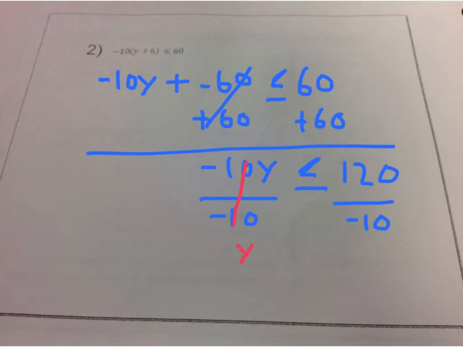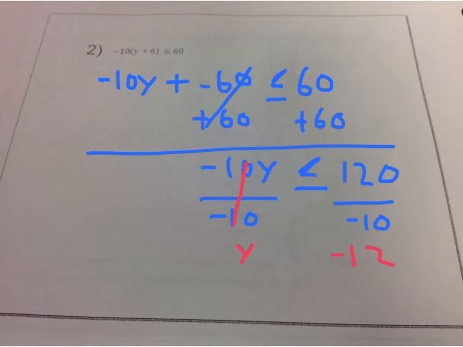And then over here, 120 divided by negative 10. Well, 10 can go into 120 12 times. So I'm going to go ahead and put 12 here. One number is negative, so my answer is negative. Notice I have not transferred down my inequality sign yet. I haven't done that because we're going to have a flip of the sign here.